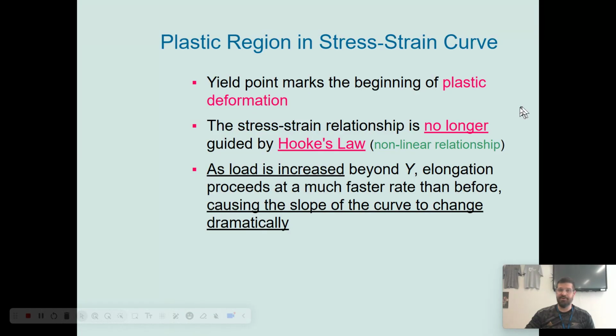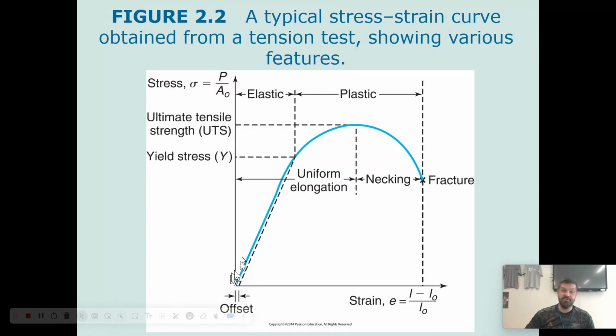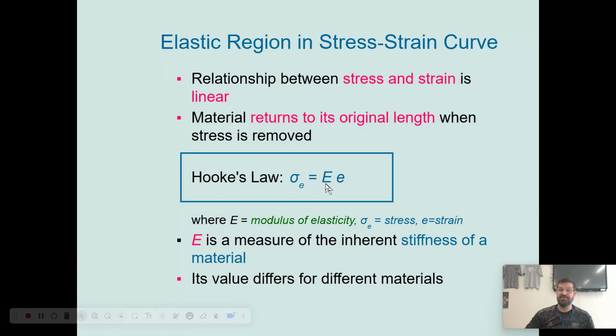This is just another way of saying the same thing. In the very beginning, in the elastic part of the graph, the straight linear part, if you know the modulus of elasticity and you know how much stress you're putting on it, you can figure out what the strain would be, right?